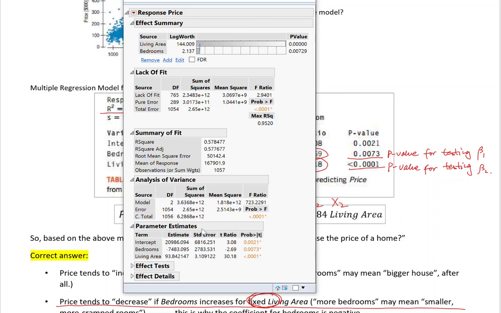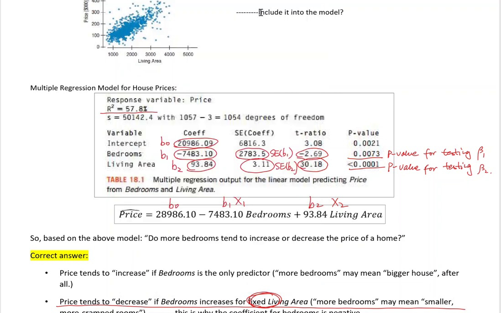Without my introduction, can you read this table by yourself? We have three rows. The first row is called the intercept. The intercept is about the population, so this row is about beta 0, the intercept.